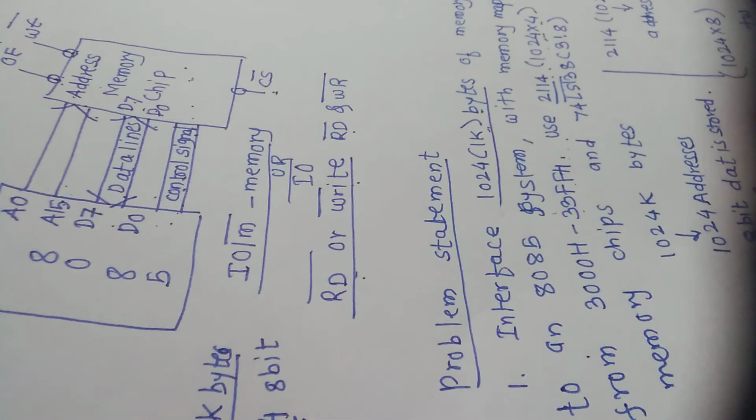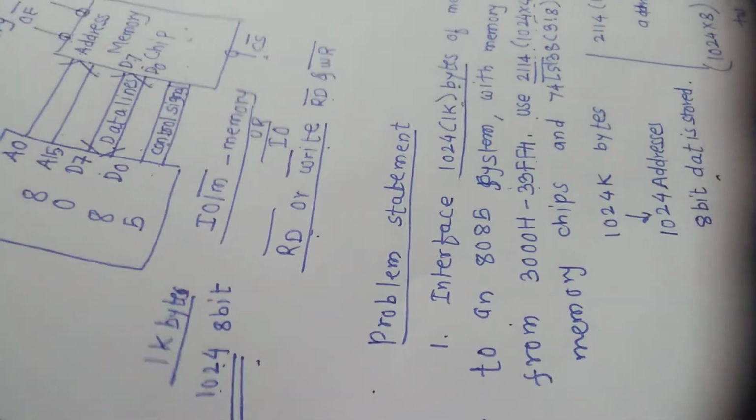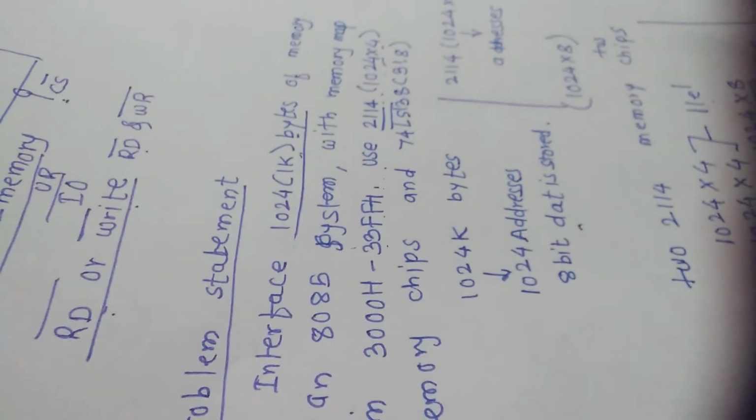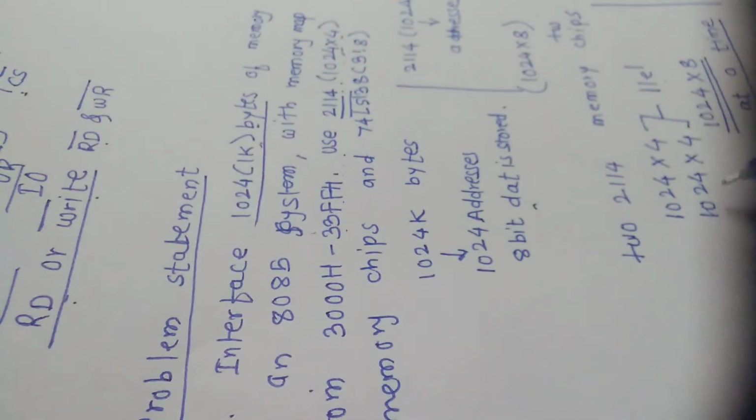Now to make this 8-bit data I need 2 memory chips. Parallelly I am interfacing 2 memory chips, 1024 by 4 and 1024 by 4. When I connect these two in parallel, I will get 1K memory locations with 8-bit data, or I can store 8-bit data at a time.